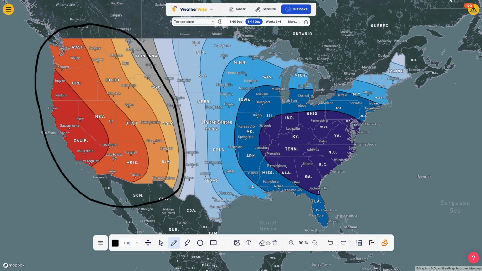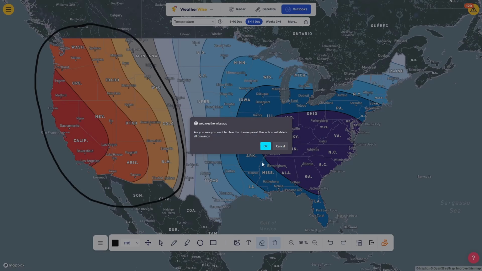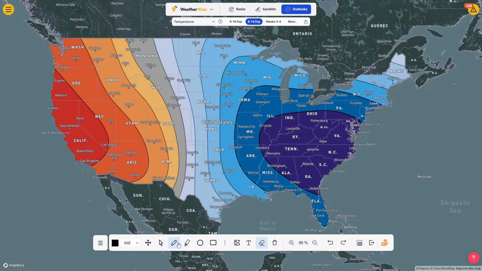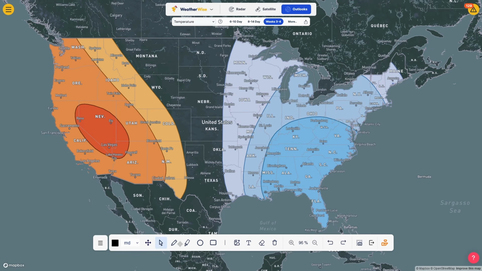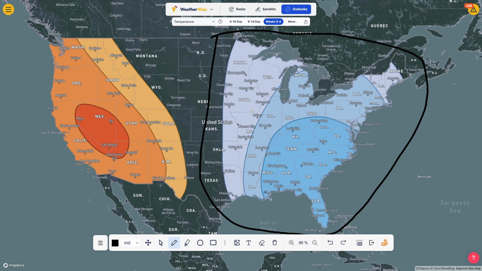And then finally looking at our 3 to 4 week range here from the Climate Prediction Center. And so again, for that 3 to 4 week period, below average temperatures are expected for this time period here into much of the central and the eastern US, and the highest potential would be into the southeastern US.